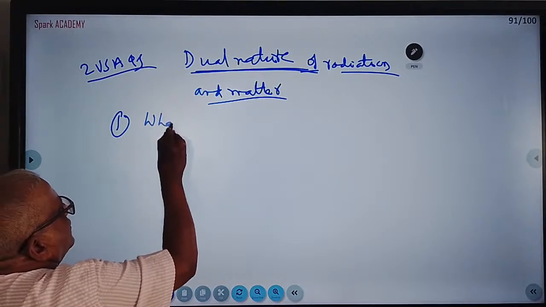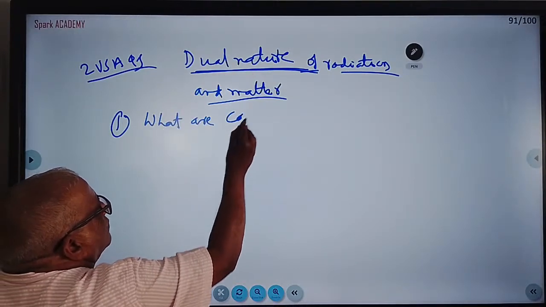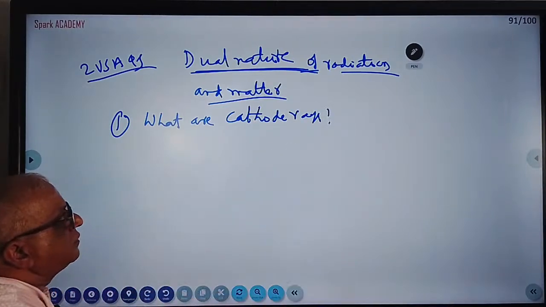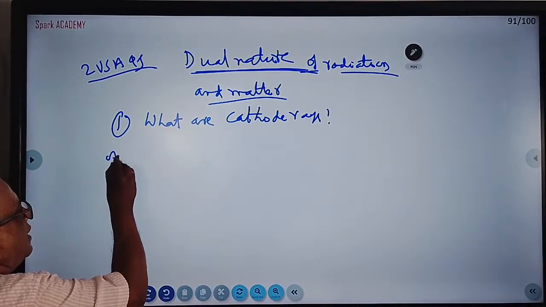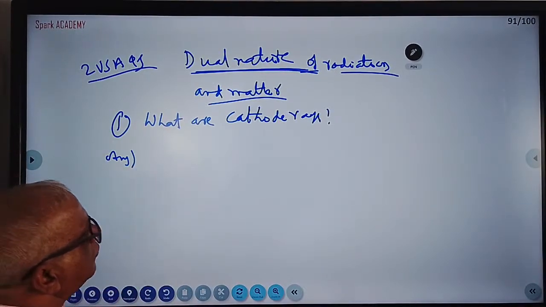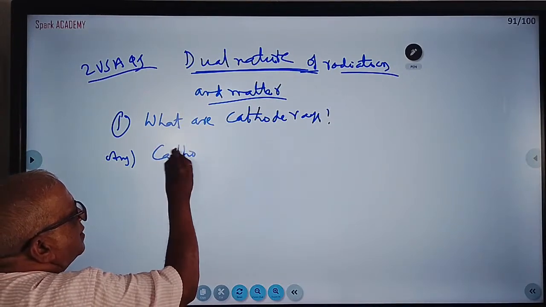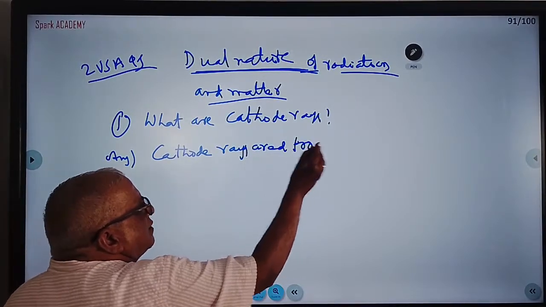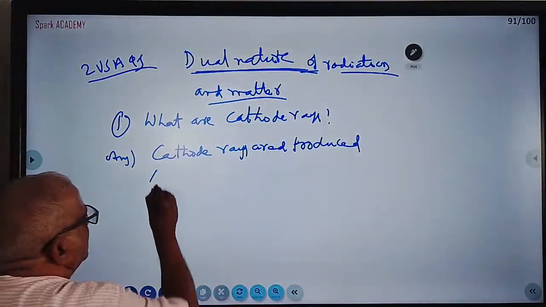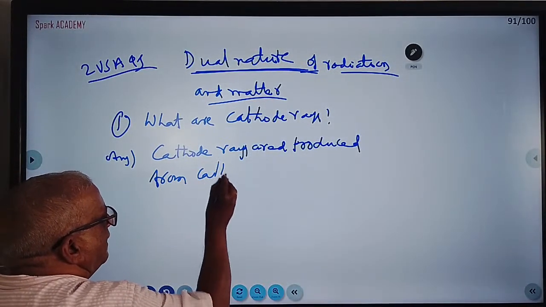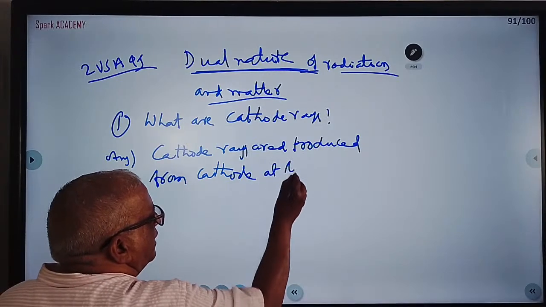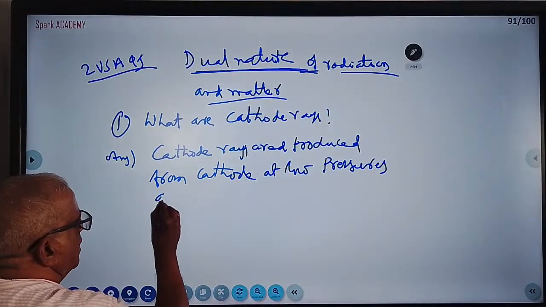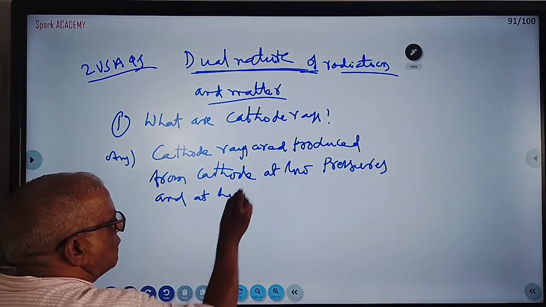In olden days they used to ask, what are cathode rays? Cathode rays are produced from cathode at low pressures and high voltages.